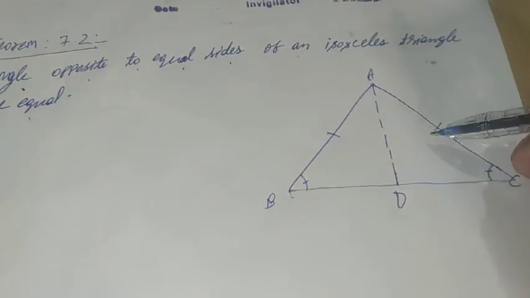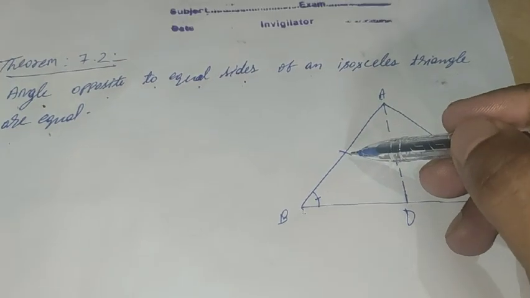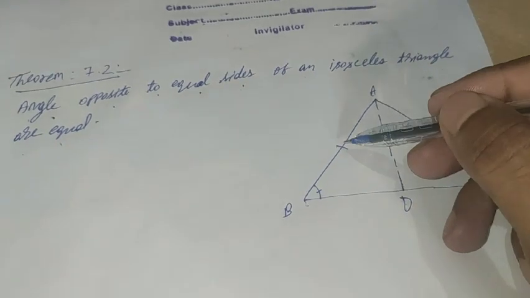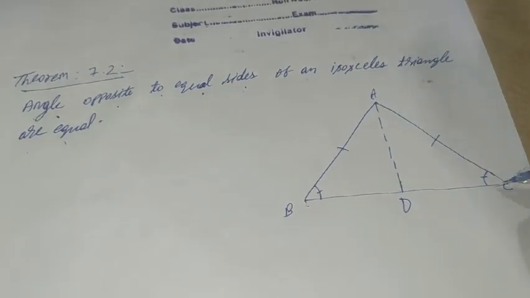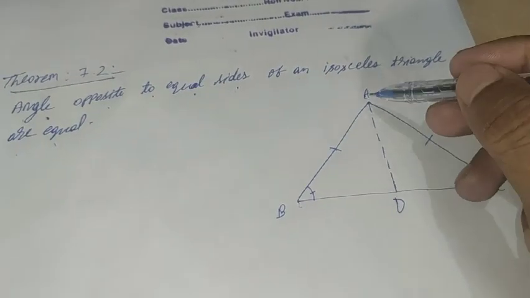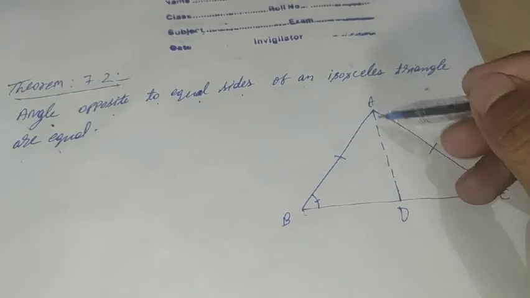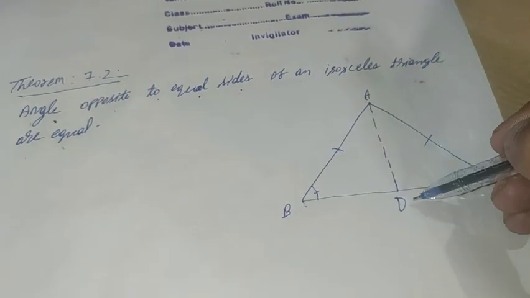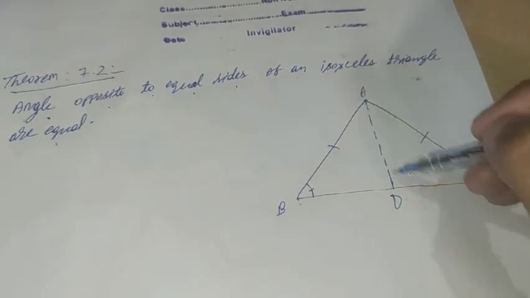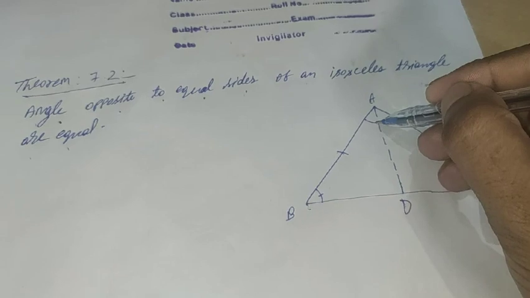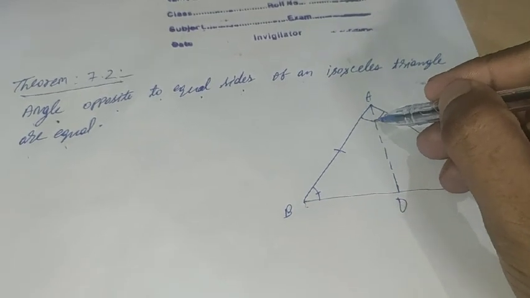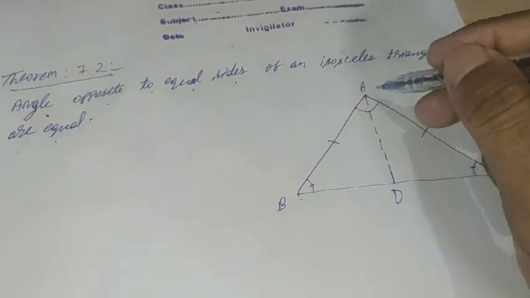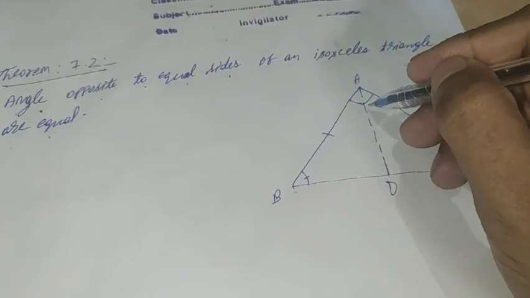Now we got two triangles. By the side angle side rule, we can prove that side AB is equal to AC, and AD is equal to AD, a common arm, and angle BAD is equal to angle CAD, as AD is the bisector of angle A. That means this angle is equal to this angle.